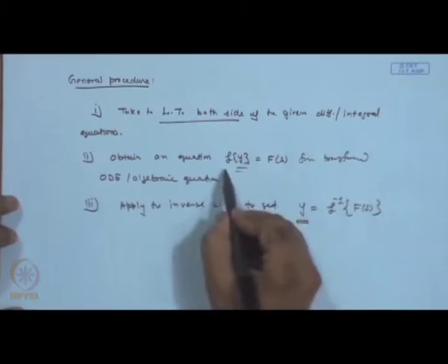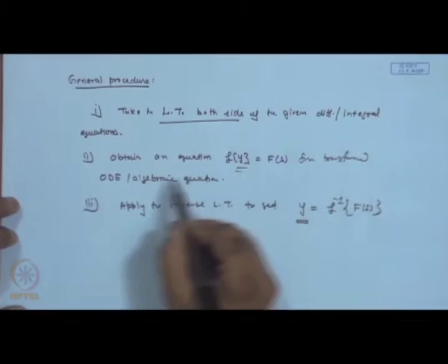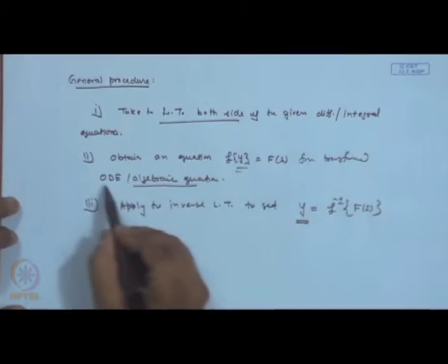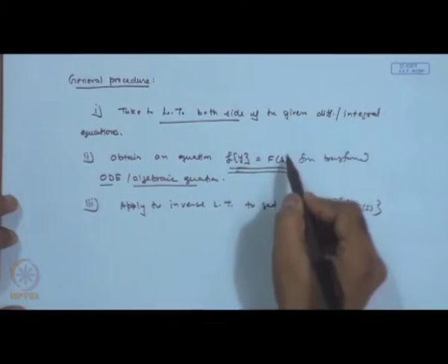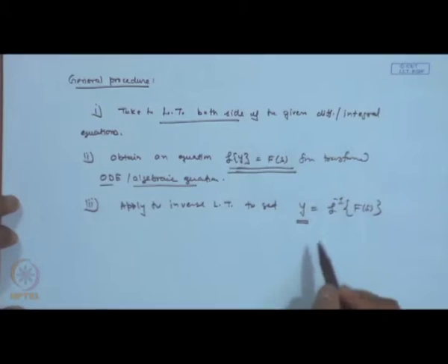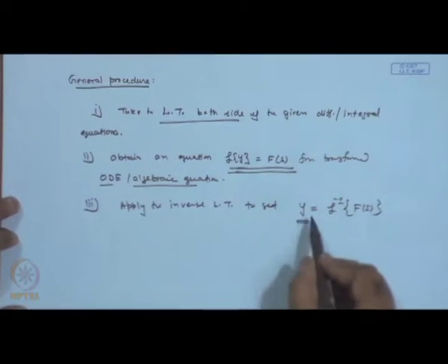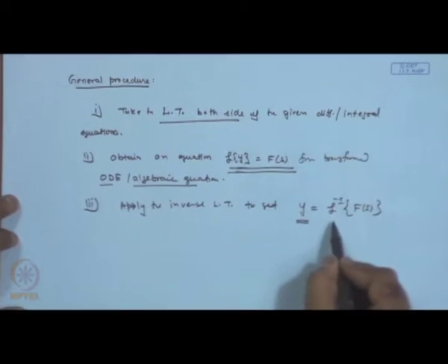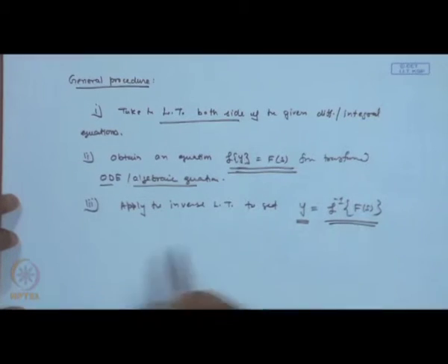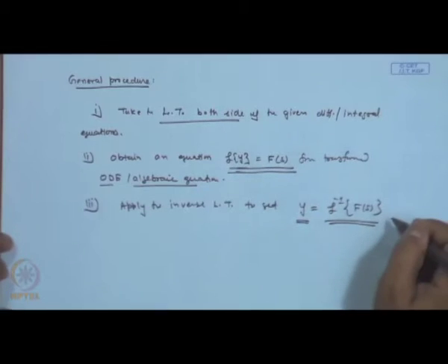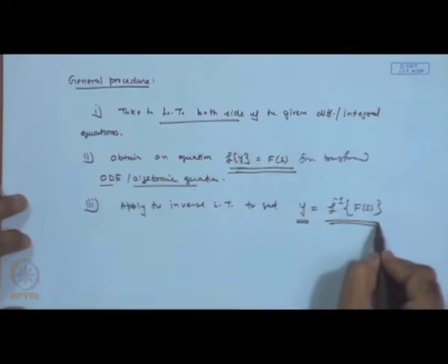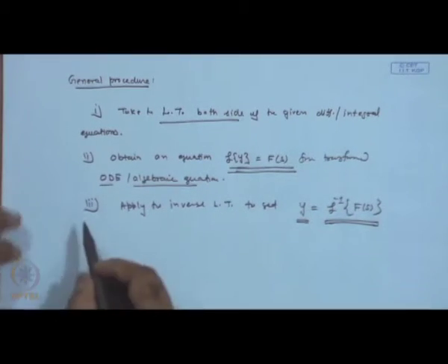Then we either simplify the algebraic equation or solve the ordinary differential equation, and we get the Laplace of y equal to a function of s. At last we apply the inverse transform and we get the solution of the original problem. We will discuss this with the help of various examples in this lecture.